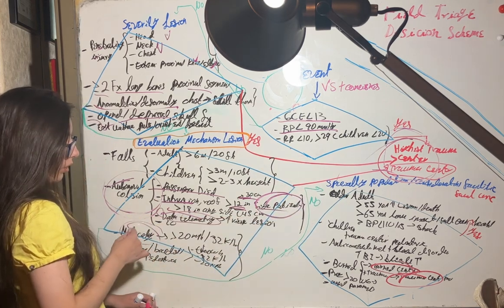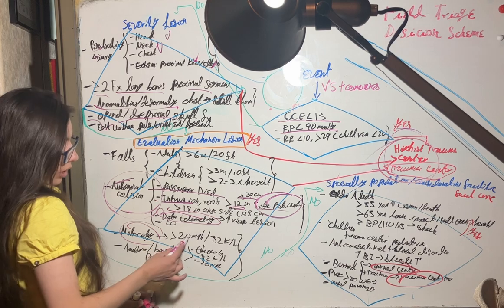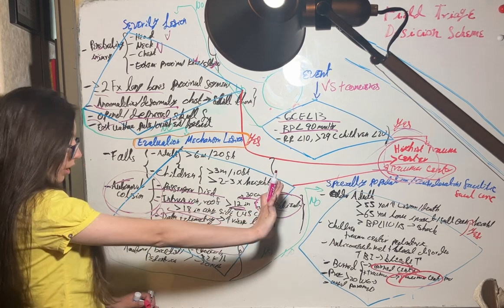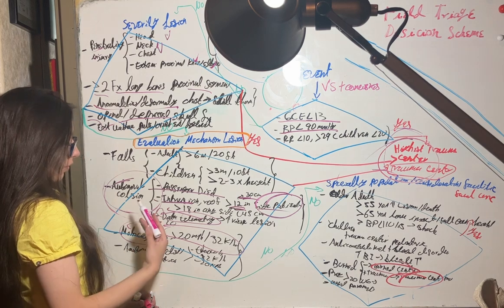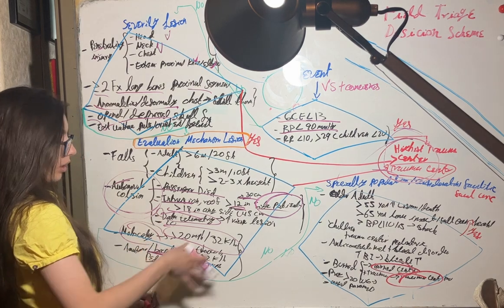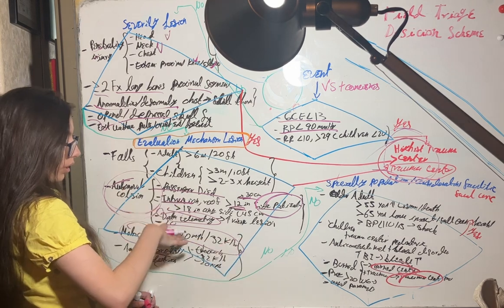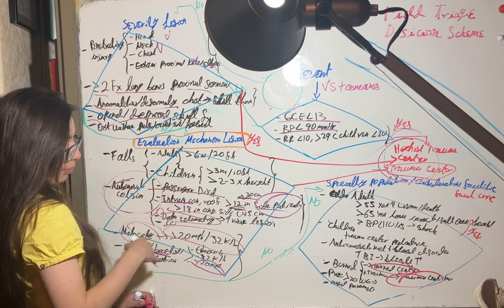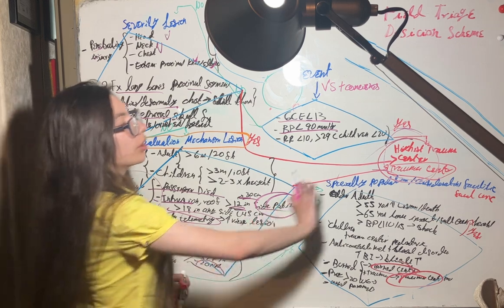We have a motorcycle that collides at a velocity higher than 20 miles per hour or 32 kilometers per hour, should be transferred. Or if we have a collision in which a bicyclist or a pedestrian gets thrown, or the collision was at a velocity greater than 20 miles per hour or 32 kilometers per hour, should be transferred to a trauma center.